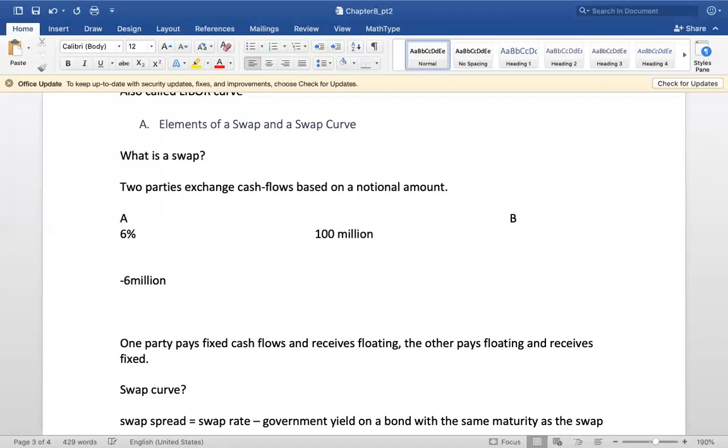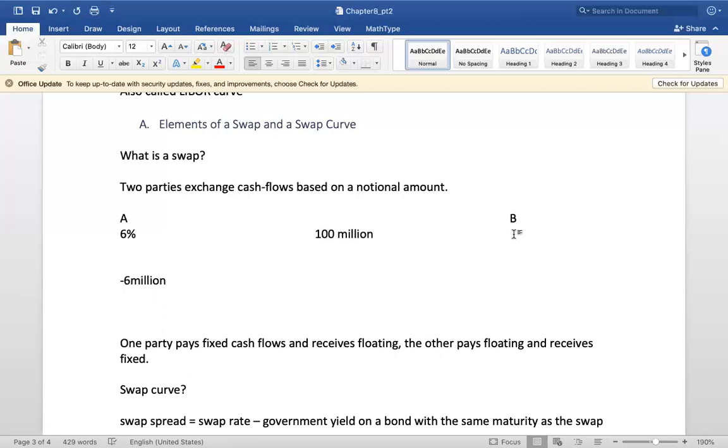Consider the reference rate is 3-month LIBOR, and that one party is paying a fixed rate of 6% and receiving 3-month LIBOR for the next 7 years, so the 7-year swap rate here is 6%. But entering into this swap with a swap rate of 6% is equivalent to locking 3-month LIBOR for 7 years.